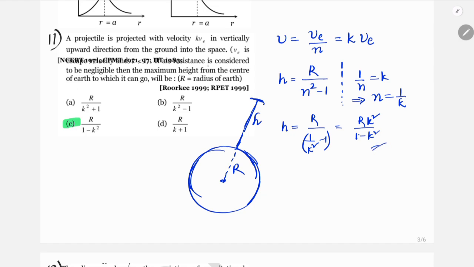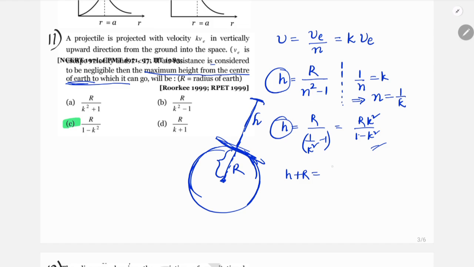But it is clearly mentioned here, remember, once again read: the maximum height reached from the center of the earth. So from the center of the earth, you need to add r to h, because this height formula we derived from the surface. Now the total height reached from the center is h plus r.